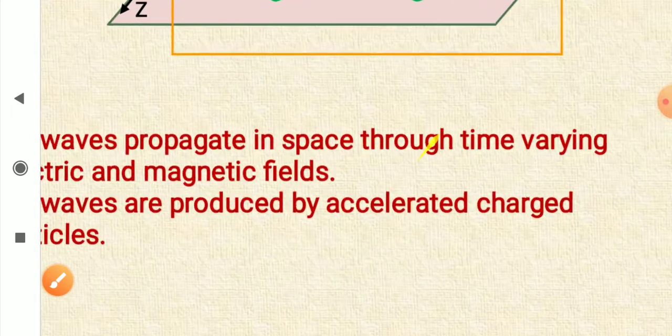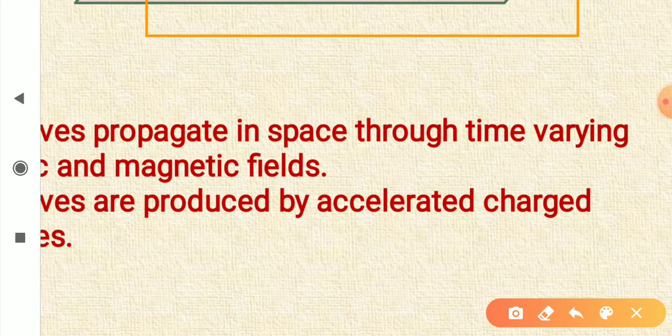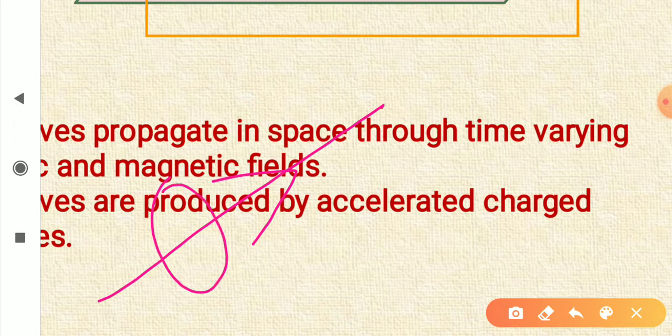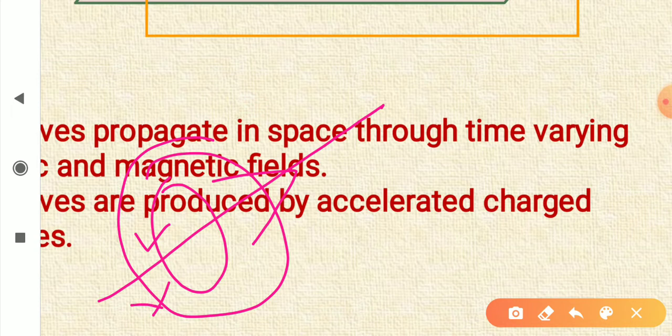Now this is easy to understand. You know that any current carrying conductor of any shape or any size produces magnetic field around it, right? Now, if this current is varying, current means the charges are accelerating. Current is what?